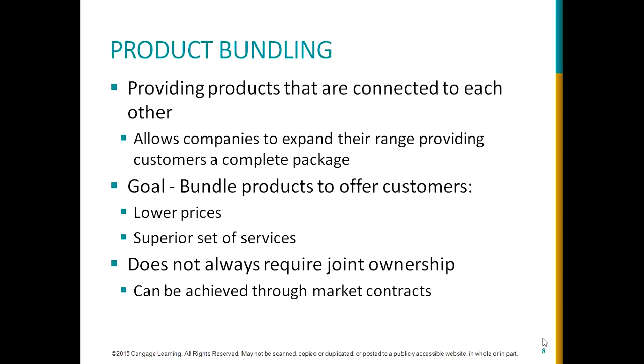So here product bundling is important to understand: providing products that are connected to each other allows companies to expand the range, providing customers a complete package. The goal is to bundle products to offer customers lower prices and a superior set of services. It does not always require joint ownership, and can be achieved through market contracts also.